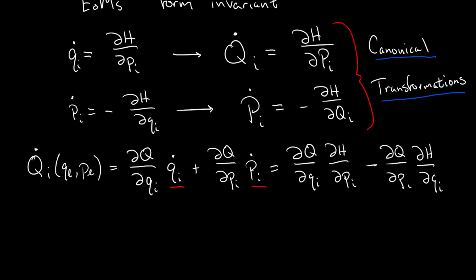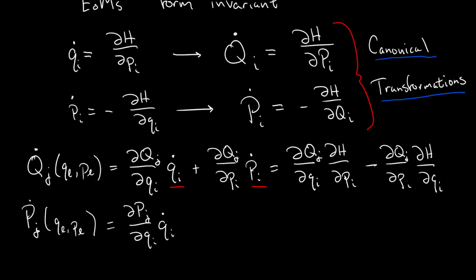Okay? And we can do a similar thing for the new momenta. Just do the chain rule. I'll make this j here just to not completely screw up all of our indices. dP_j/dq_i q_i dot plus dP_j/dp_i p_i dot, and again just replace these with Hamilton's equations.